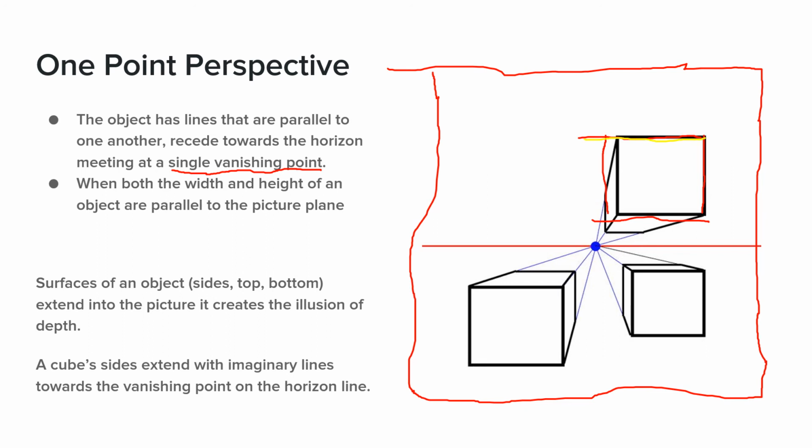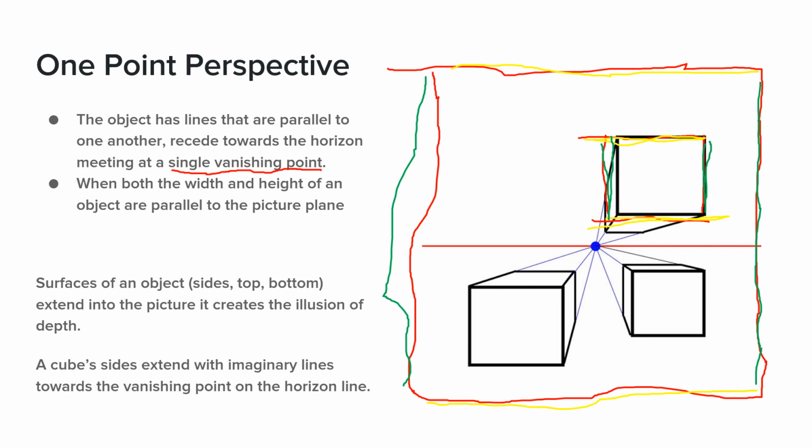So these lines here, right, are parallel to these lines. All right, and then these lines, I'm sorry for all these colors, are parallel to these lines here. So that's what we're looking for when we're looking for 1-point perspective, when we can see the surface of an object is parallel to our picture plane, okay?